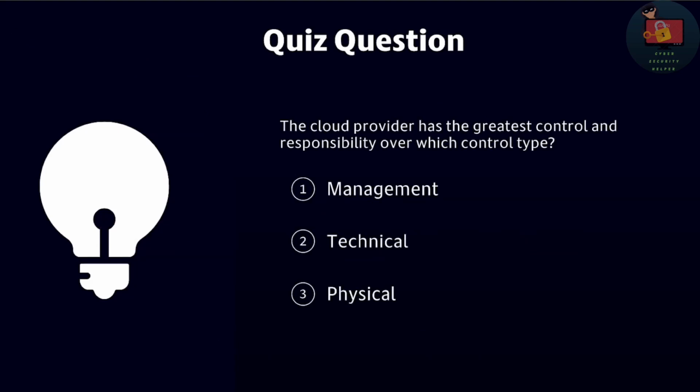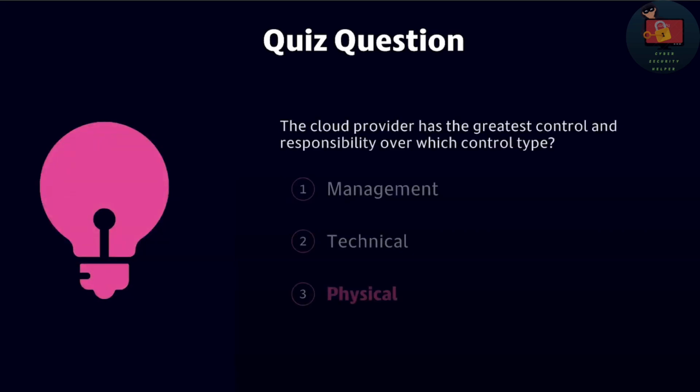All right, quiz question. The cloud provider has the greatest control and responsibility over which control type? Management, technical, or physical? If you said physical, you're absolutely right. We talked about physical controls being guards, lights, and the lock on the door.